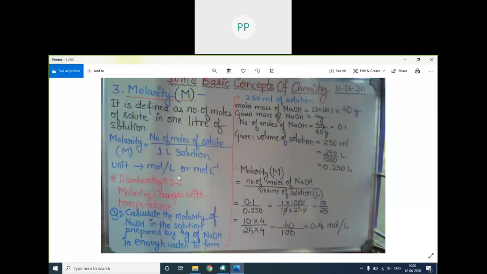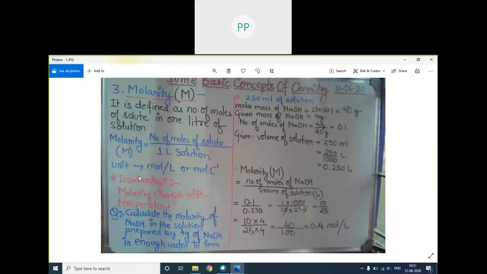Now, what is the disadvantage of using molarity? Molarity changes with temperature. You know how volume changes with temperature. When we increase temperature, volume also increases. When we heat something, the volume of that substance increases.